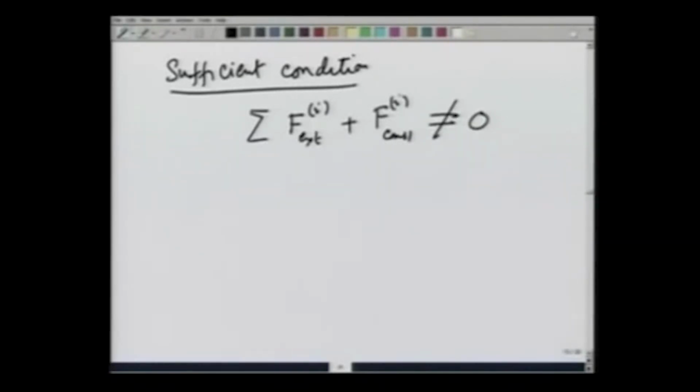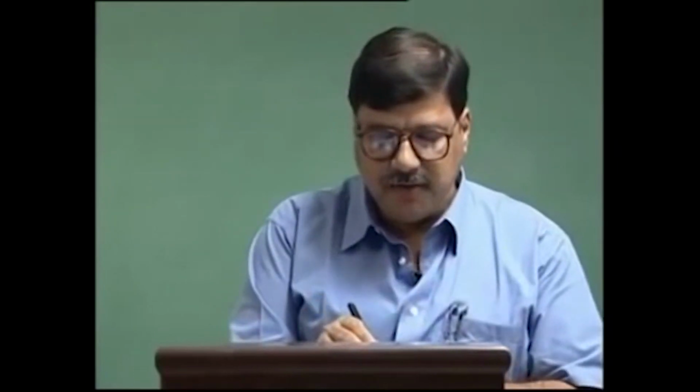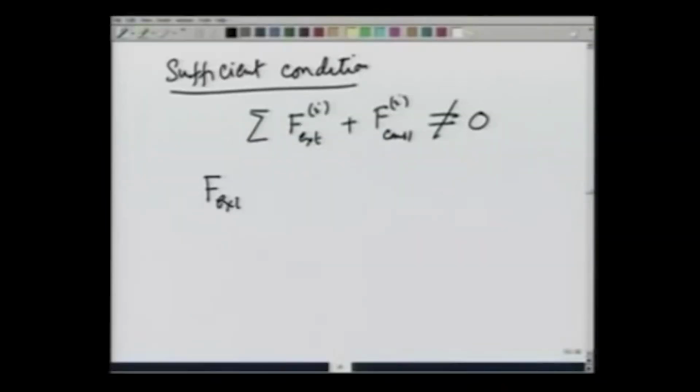If they do not vanish, then each particle would tend to move in the direction along which this force is, and therefore F external i plus F constraint i dot, to distinguish from virtual displacement I am writing this as dRi, for each particle would be greater than 0. It is greater than 0 because force would make the particle move in the same direction in which it has the net direction.